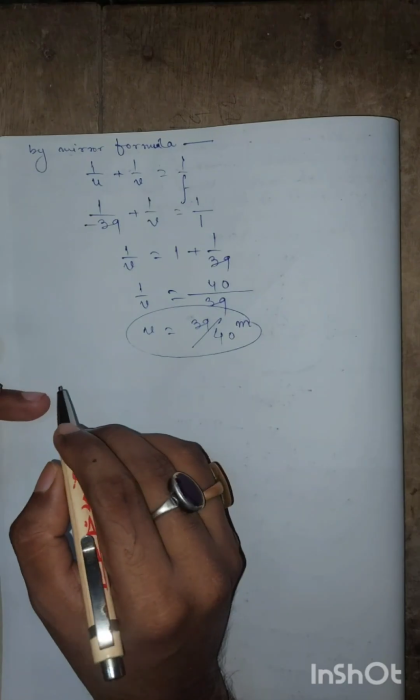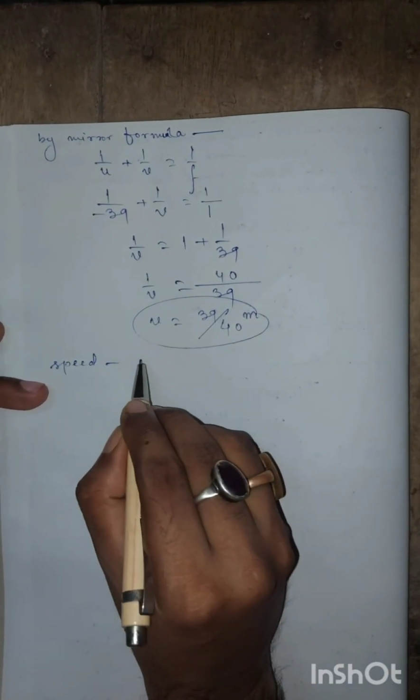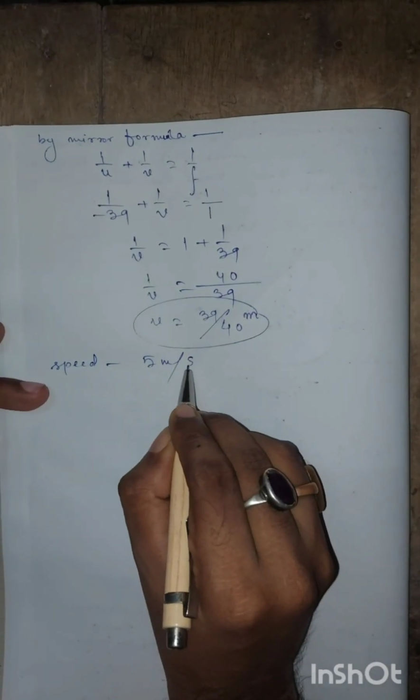Now it is mentioned that speed of the jogger is 5 meter per second.